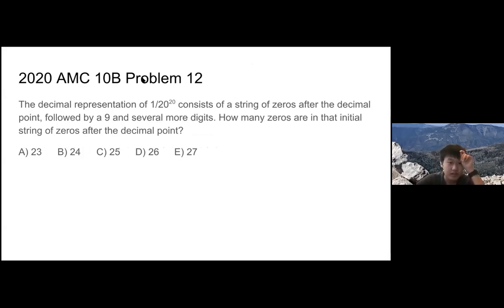Well, let's think about this. Let's first think about what 20 to the 20 is very close to. What's a nice way to write it? Does anyone want to share any ideas?